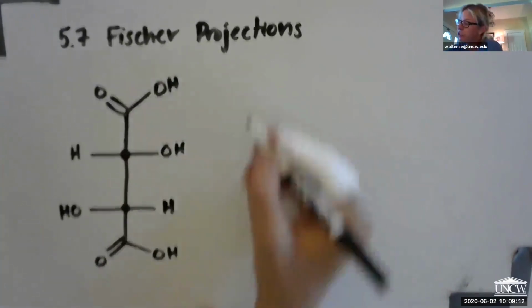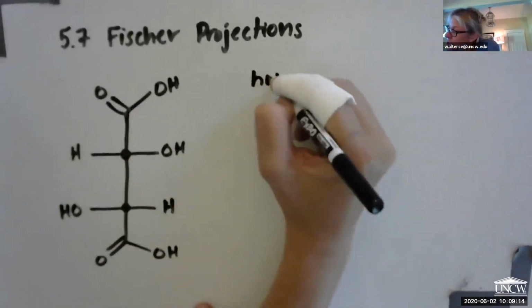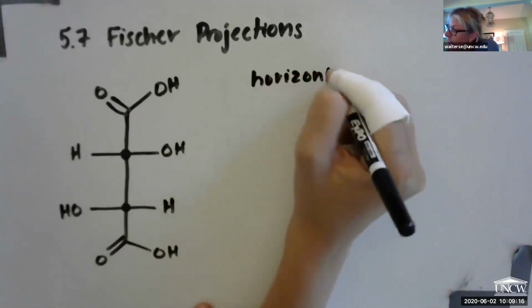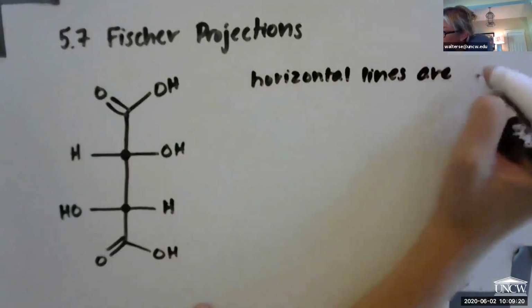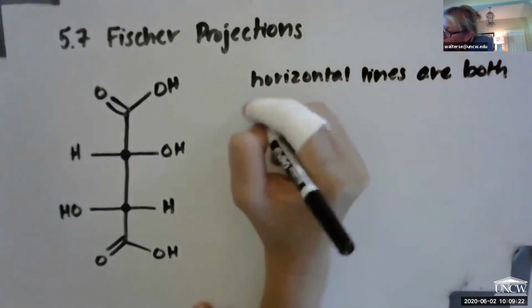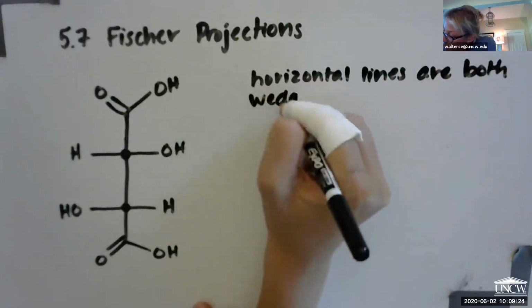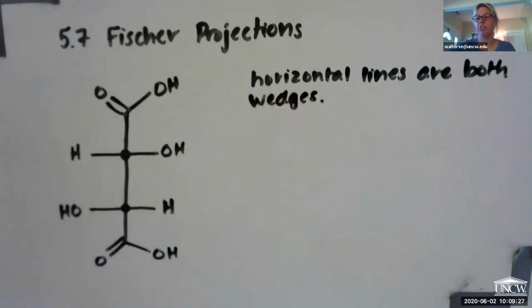So with Fischer projections, the horizontal lines are both wedges. You're kind of looking at your molecule like a centipede, which has the body on the top and all the little legs on the bottom.